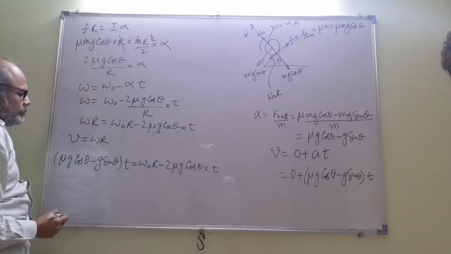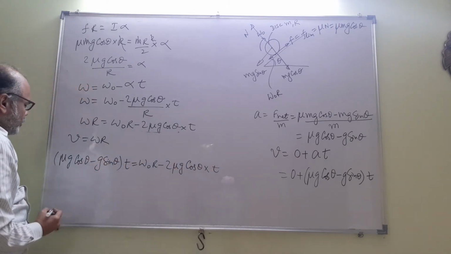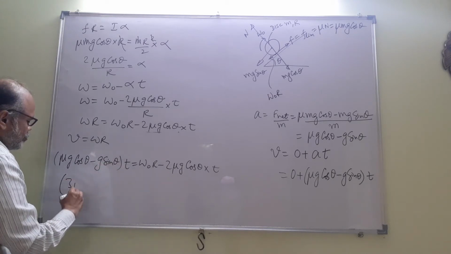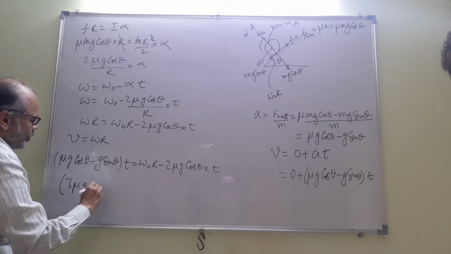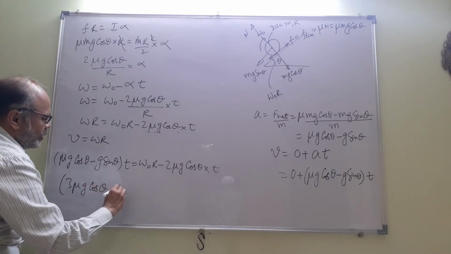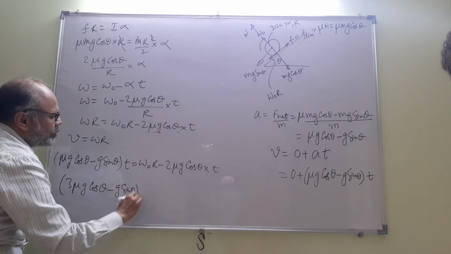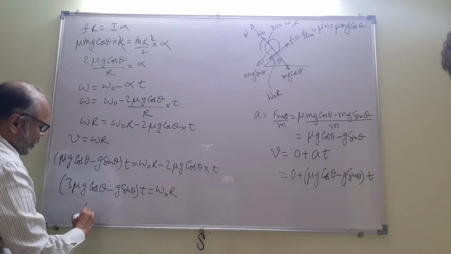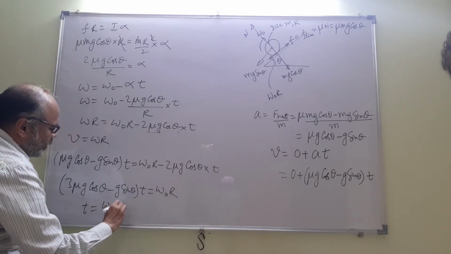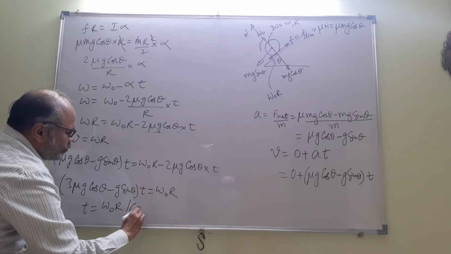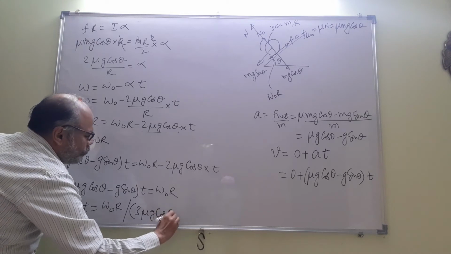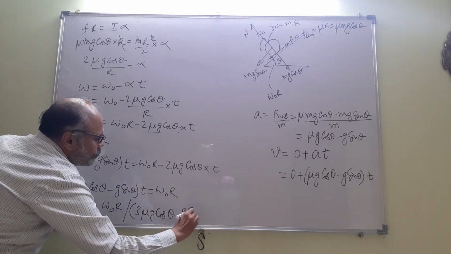So if you gather that here, you would have 3 mu g cos theta minus g sine theta, into t, equal to omega naught r, or t is omega naught r divided by 3 mu g cos theta minus g sine theta.